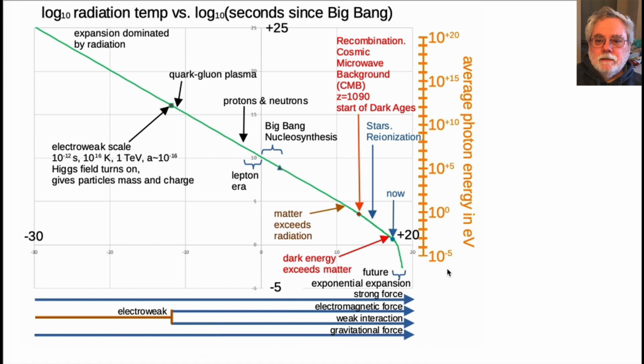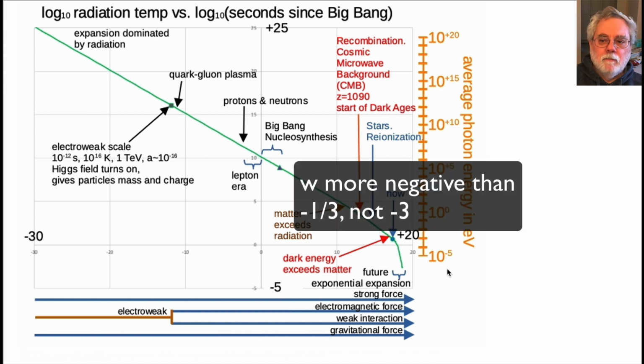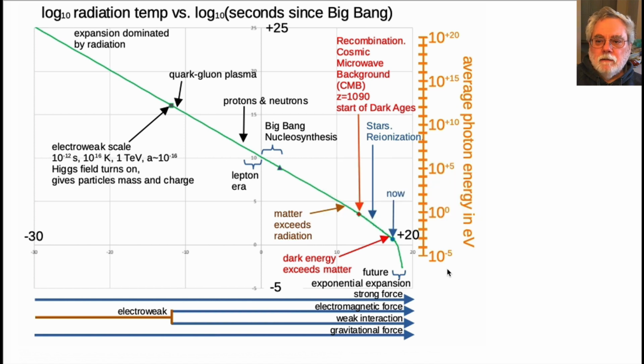If dark energy density decreases with scale factor, but W is more negative than -3 and less negative than -1, our universe will still end with a big chill, but the time evolution will be slower.